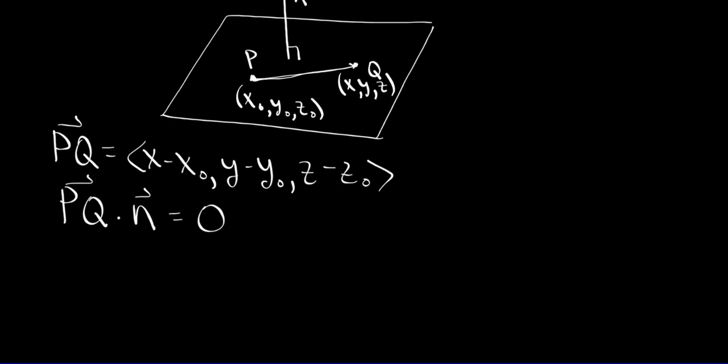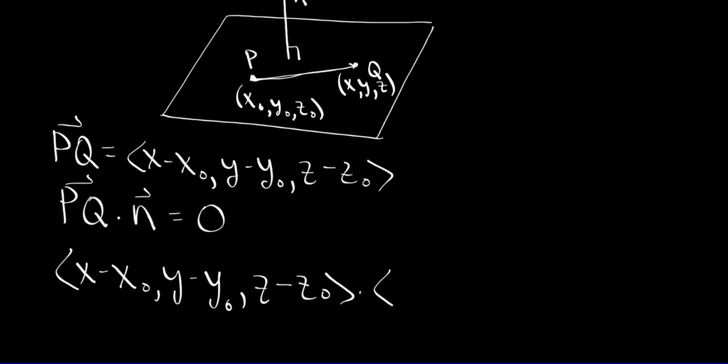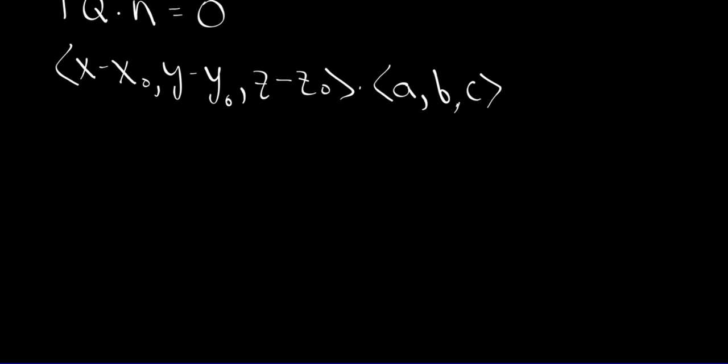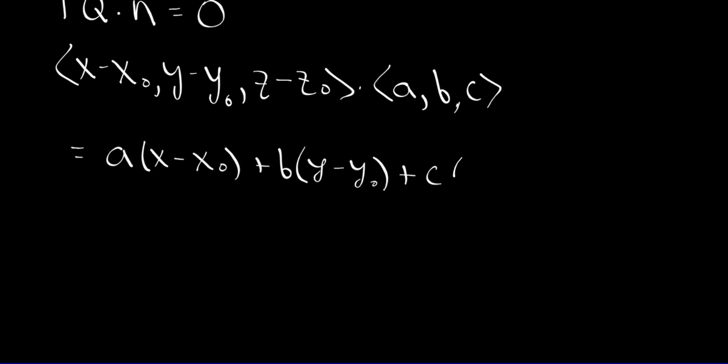If I dot x minus x naught, y minus y naught, z minus z naught with A, B, and C, here's what I get: A times x minus x naught, plus B times y minus y naught, plus C times z minus z naught.